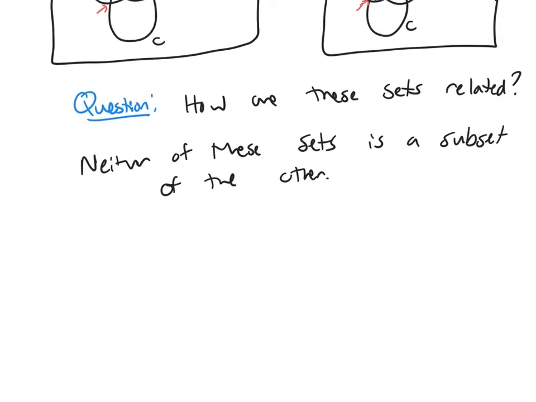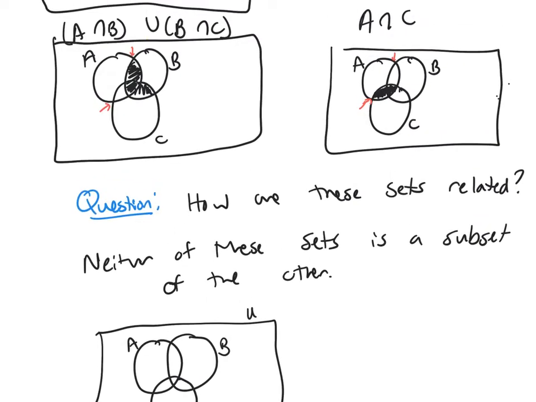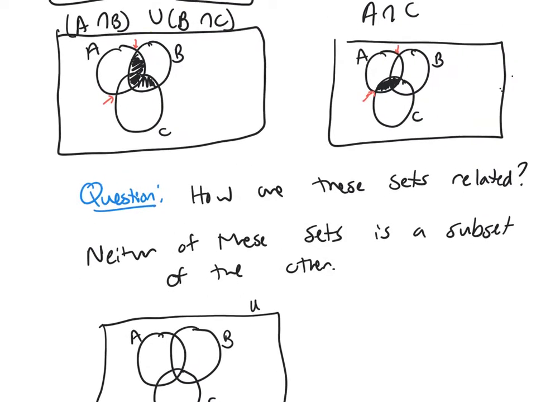So I'm going to draw my box U. When you give your counterexample, you need to give the universal set as well. Now, I need to make sure to include elements in the regions where they didn't overlap, that were different in each.